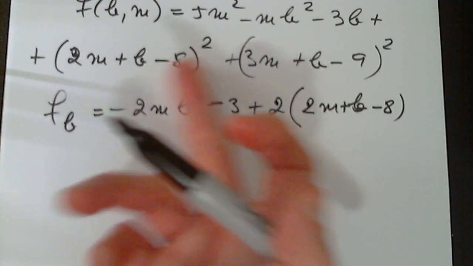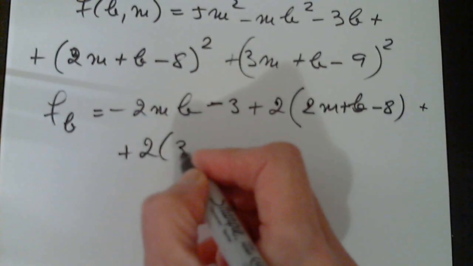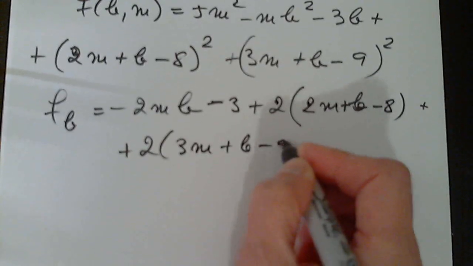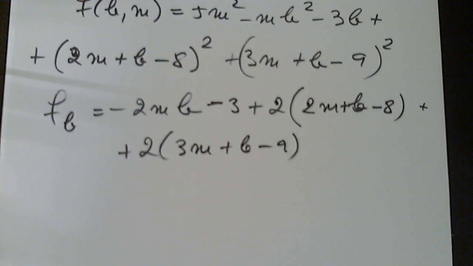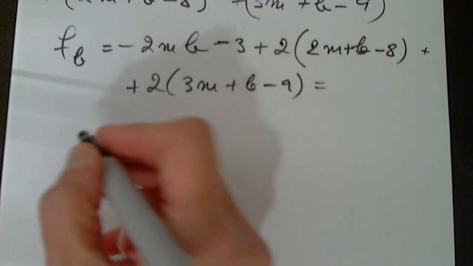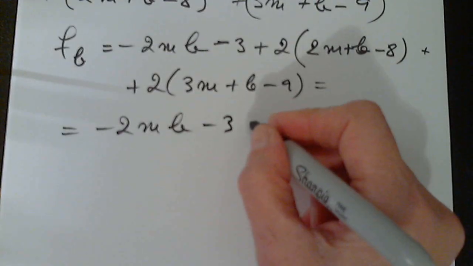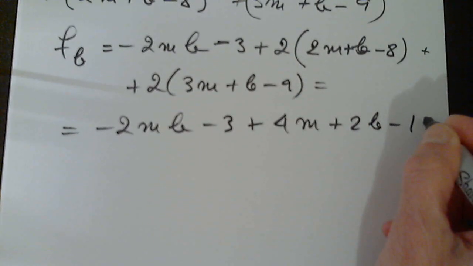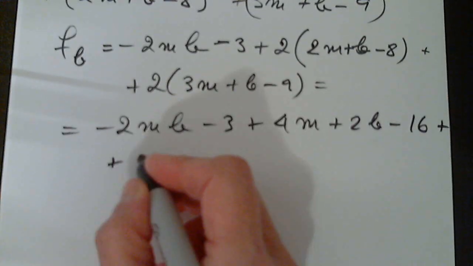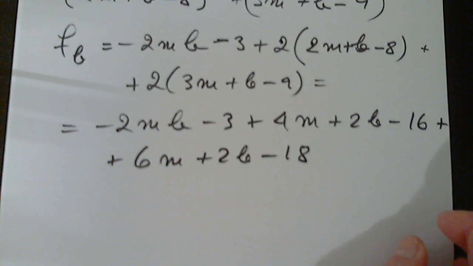This is 0, this is 0, plus, bring down 2, 3m plus b minus 9. This is 0, this is 0. This prime is 1. So now I will try to combine like terms. mb minus 3 plus 4m plus 2b minus 16 plus 6m plus 2b minus 18.